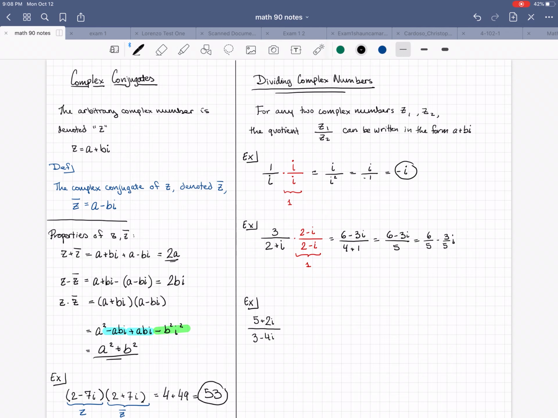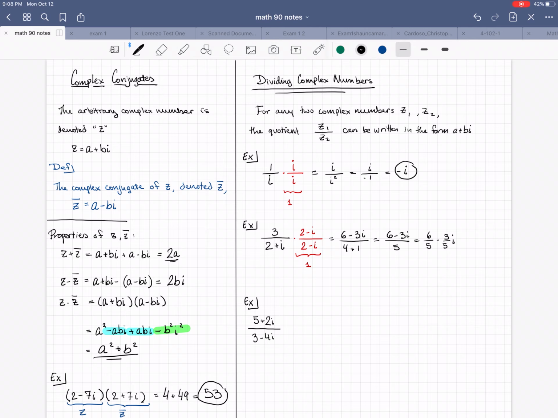So same thing. I want to end up with just a regular complex number where I can write it in the form a plus bi, and I can answer the question, what's the real part, what's the imaginary part? And in particular, that entails making it so there are no imaginary numbers in the denominator.